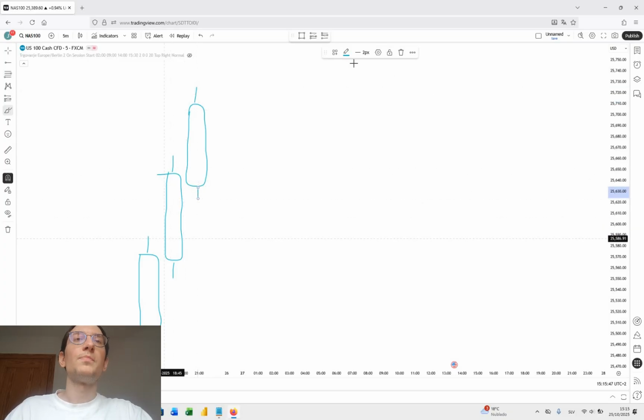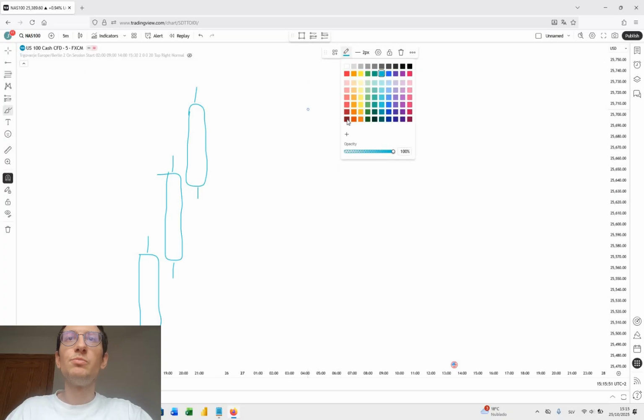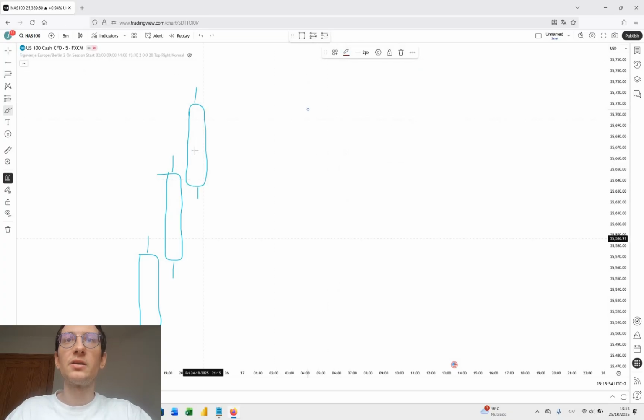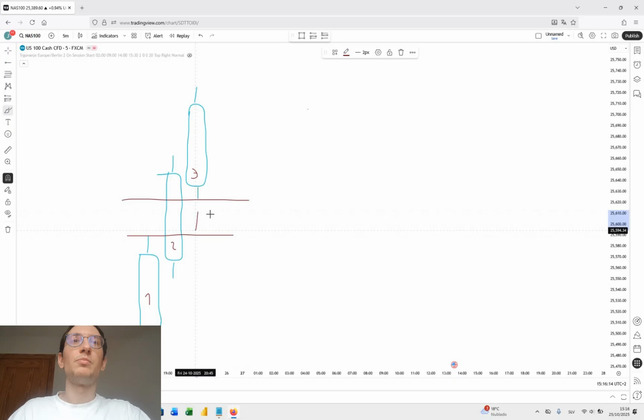The fair value gap is the place between the first candle and the third candle. This is our first candle, this is our second candle, and this is our third candle. As you can see, the price moved up so quickly that it left this place in between. This is a fair value gap.